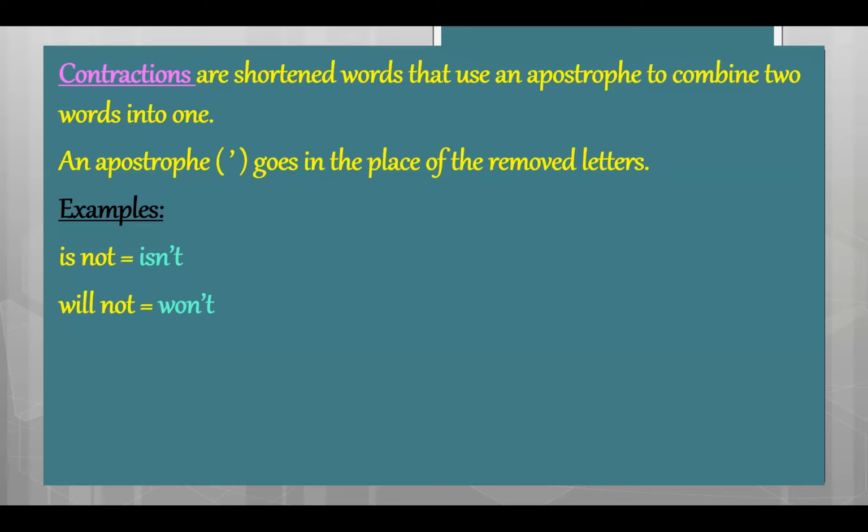The shape of apostrophe and comma is same, but they differ from each other in position. Contractions are most commonly used in spoken English. An apostrophe, see the symbol, goes in the place of the removed letters. जब हम कोई लेटर रिमूव करते हैं तो उसकी जगह पे हम apostrophe लगाते हैं.